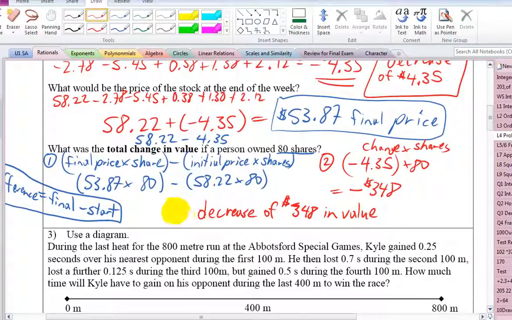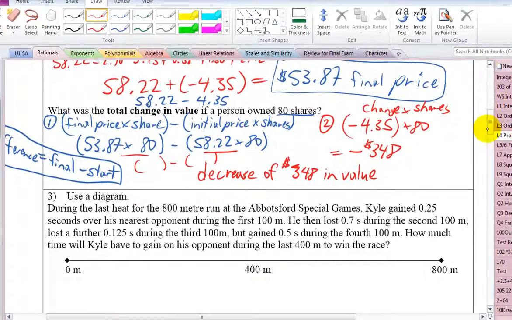So this poor person over the course of a week lost $348. Okay. Good. Now, if you did this math, you would get the exact same thing, right? You would do a subtraction at the very end. Okay. I like the method number 2 a bit better because it's a little more mathy. Any questions?